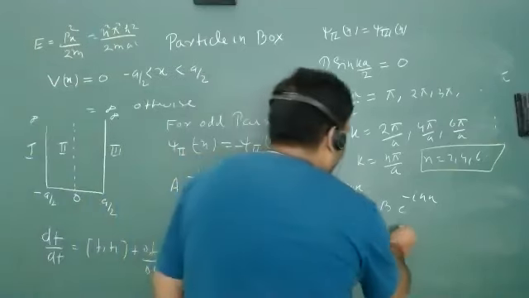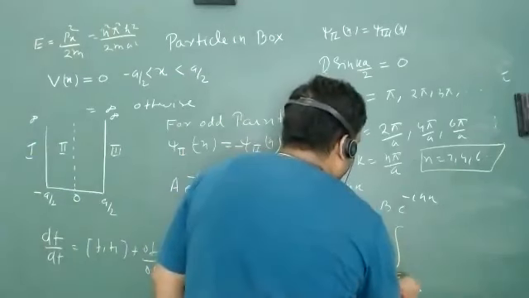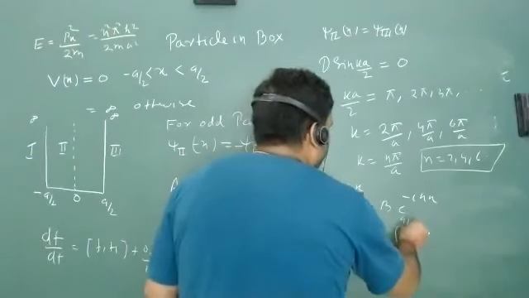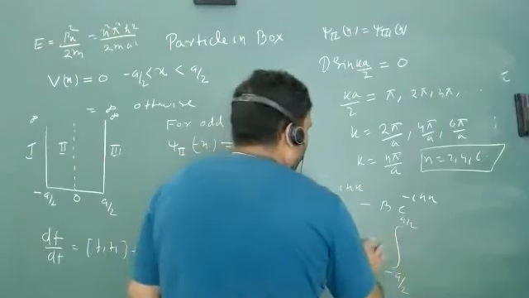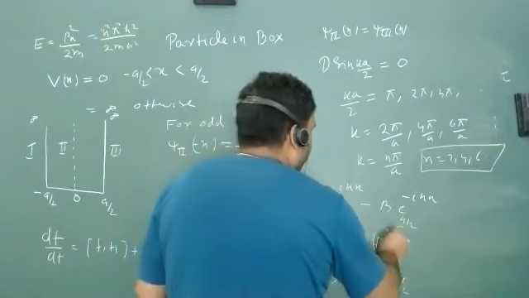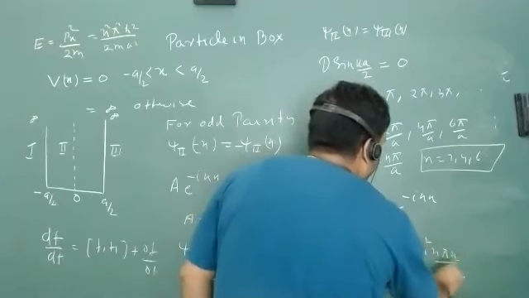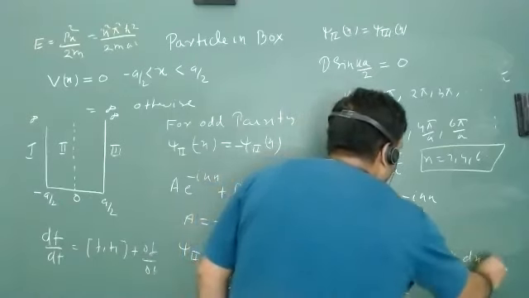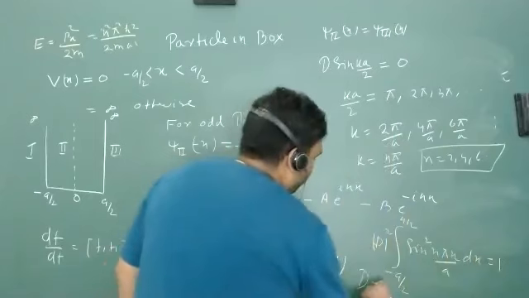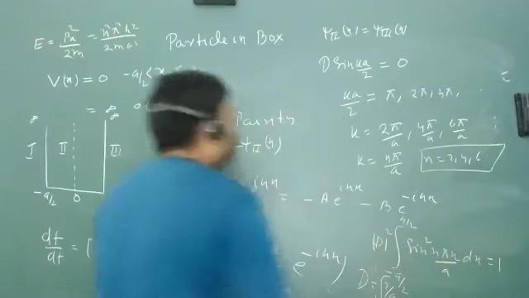And again, we can normalize it from minus a by 2 to plus a by 2, mod d square sine square n pi x upon a dx must be equal to 1. Then d will again be root 2 by a.